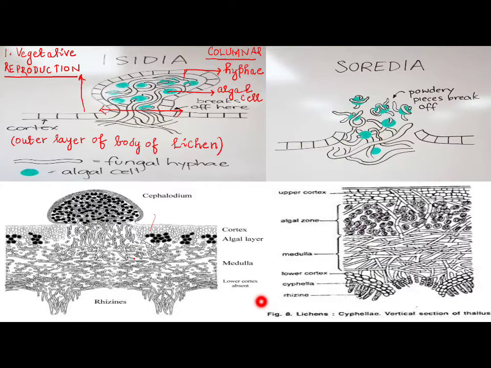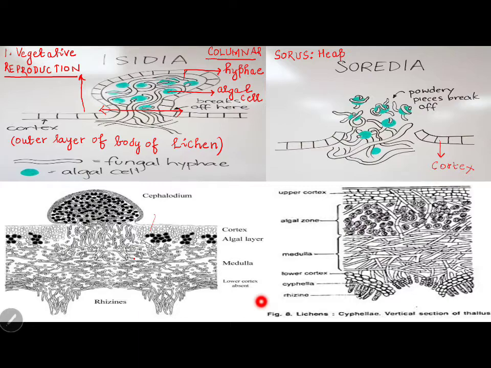And if you see Soredia, as I told you many times, the word sorus means heap. So here you can see there is no cortex covering. This is typically cortex if you see the structure of Isidium. There is no cortex.